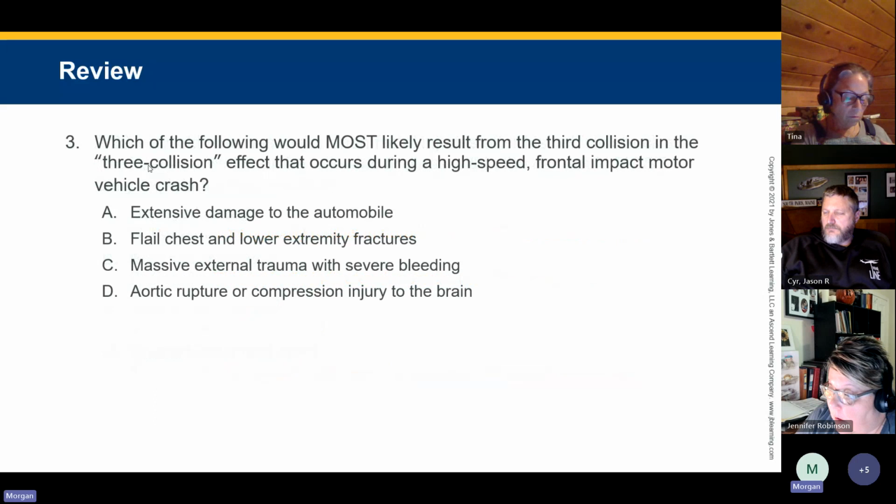Which of the following will most likely result from the third collision in a three-collision effect that occurs during a high-speed frontal impact motor vehicle crash? Extensive damage to the automobile, flail chest and lower extremity fractures, massive external trauma with severe bleeding, aortic rupture or compression injury to the brain.